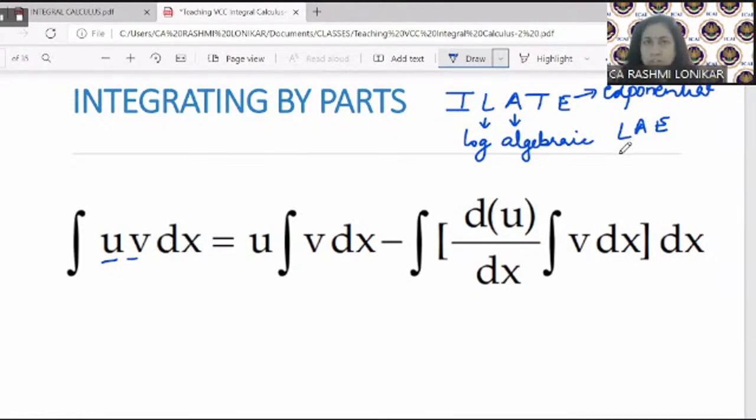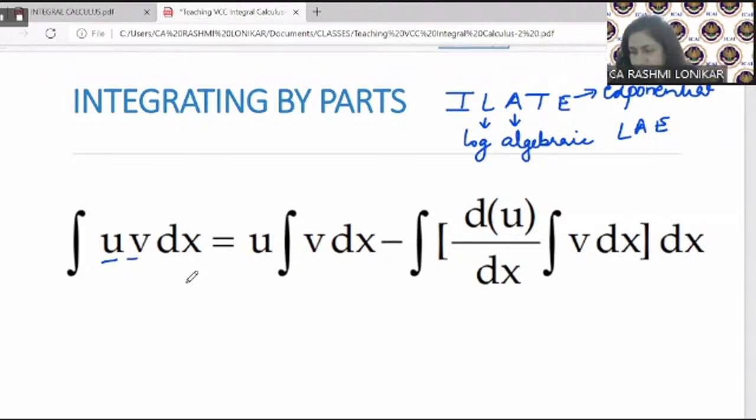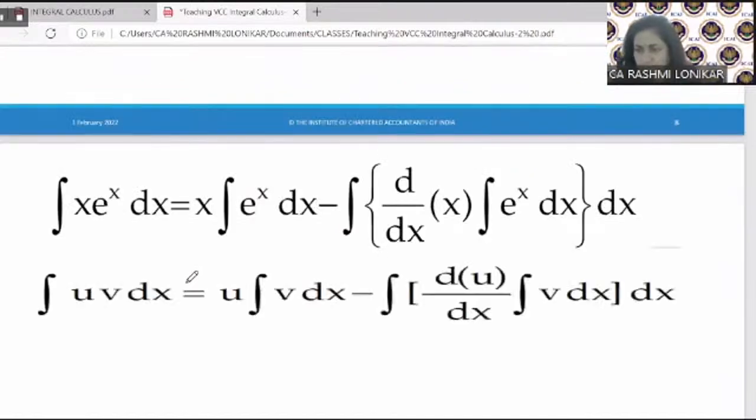So first, if you have logarithmic function, algebraic function and exponential function, this is the order. That is, this will come before this. Now in differentiation, we did not have that kind of problem because we were able to differentiate whichever we took as u and whichever we took as v. Here we need to know this rule. Okay. So let us try and do the sum.